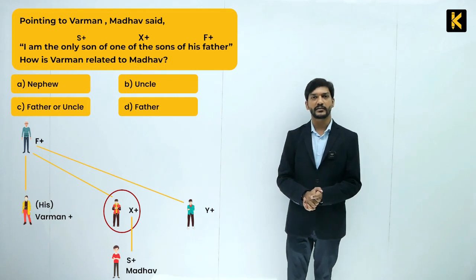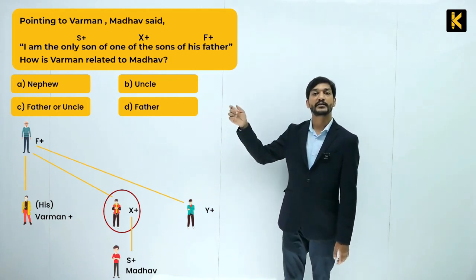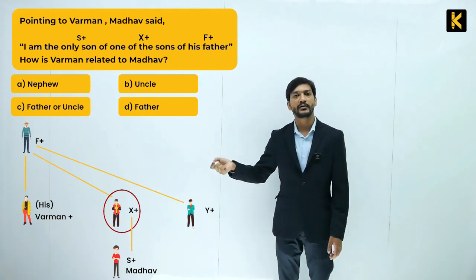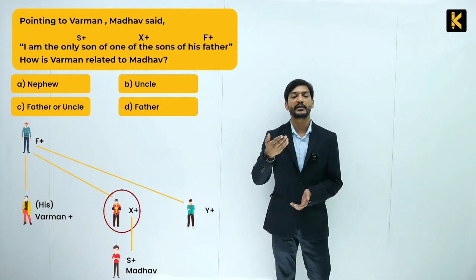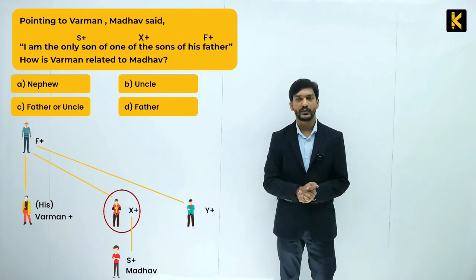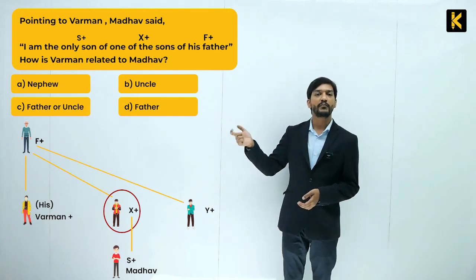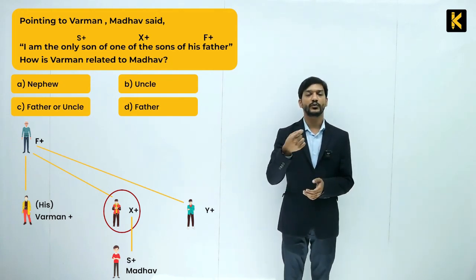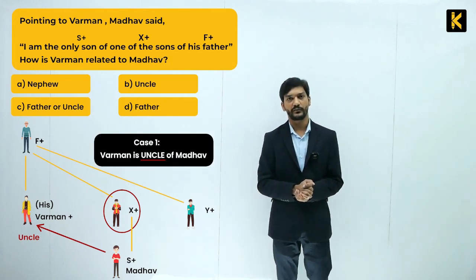Or let's say like this, that out of these three brothers, one brother, which is X, is the father of Madhav. X is the father. So the other two brothers will be the uncles. So Varman as well as Y will be the uncle of Madhav. So that means Varman is uncle of Madhav.